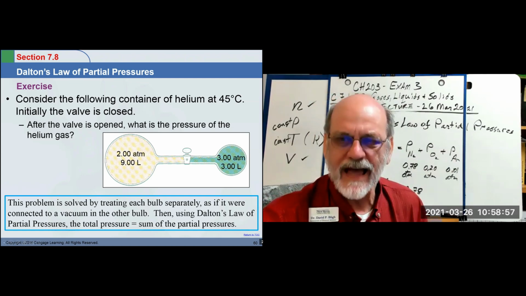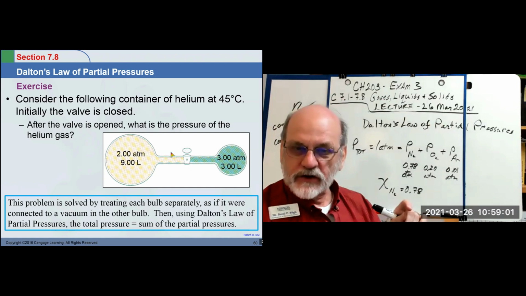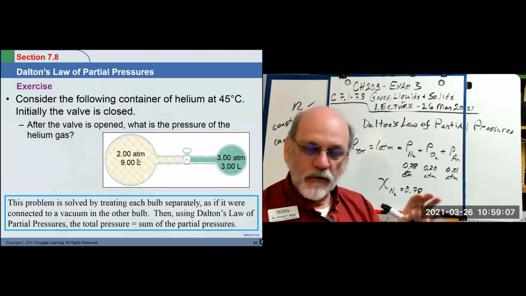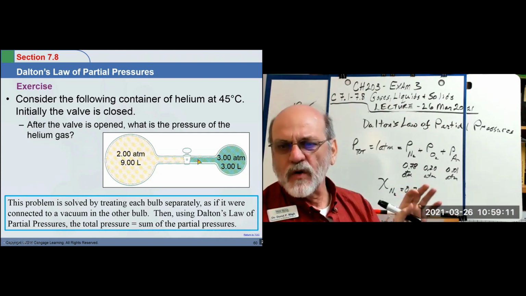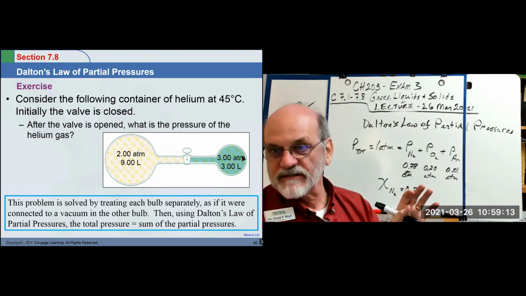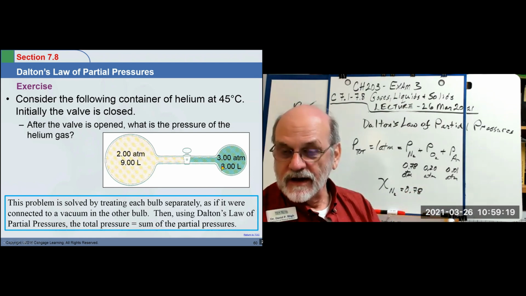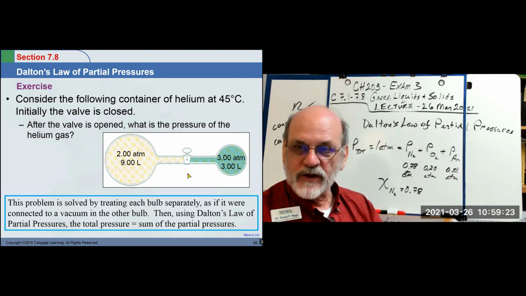Now, how do we attack this problem? Fortunately, we can treat the gas in this one different than the gas in this one. So if we take the gas in this big one and say, suppose there's nothing over here, it's just a vacuum. Then if you go from this one to a larger volume, that means you can use Boyle's law to determine the partial pressure contributed by this gas.